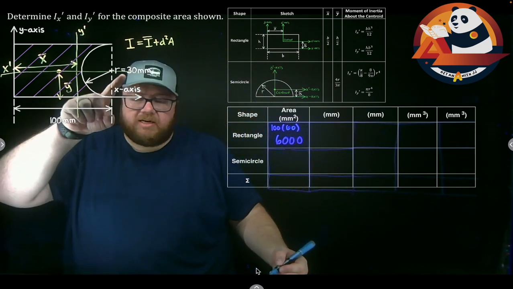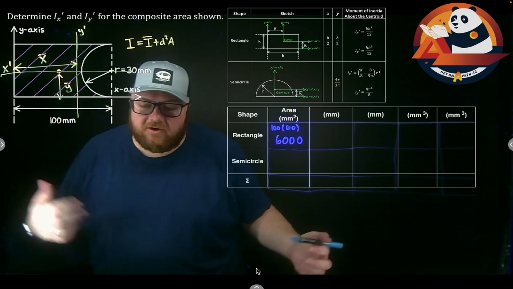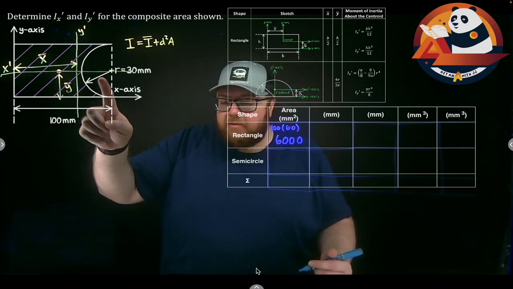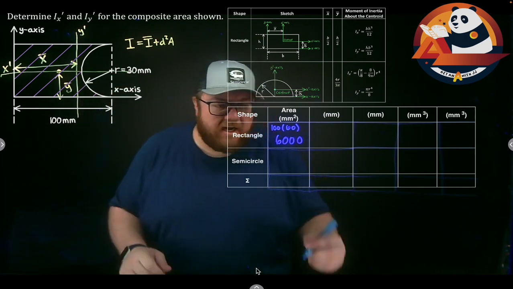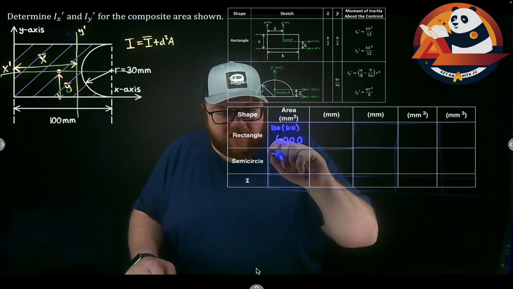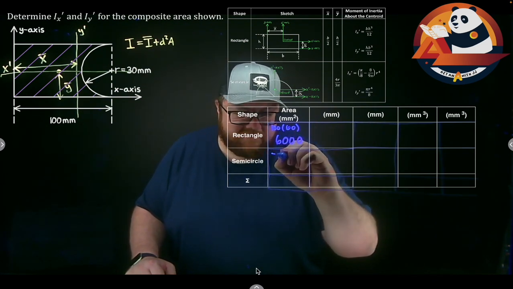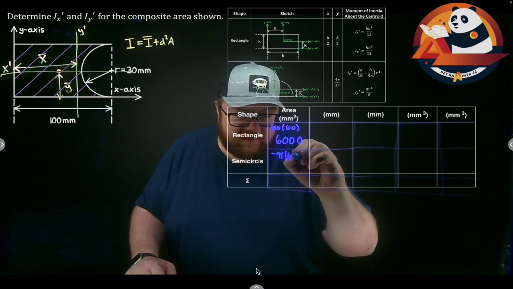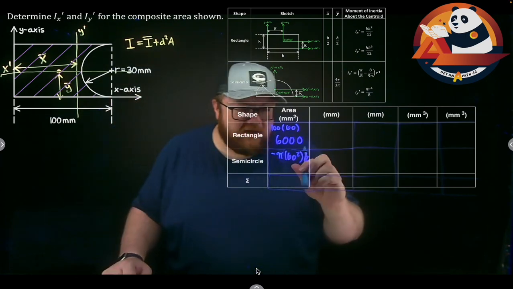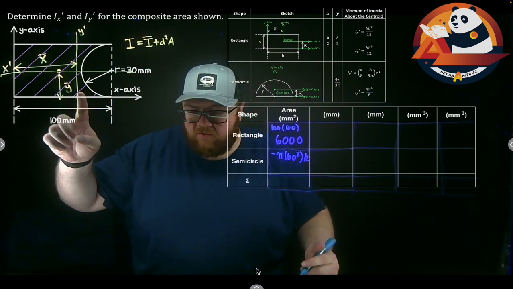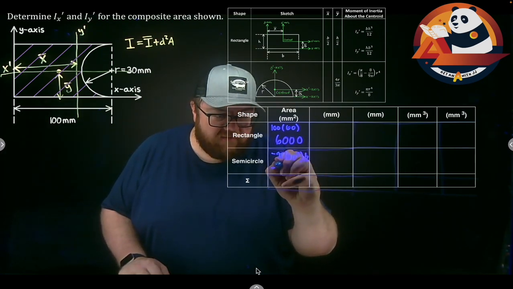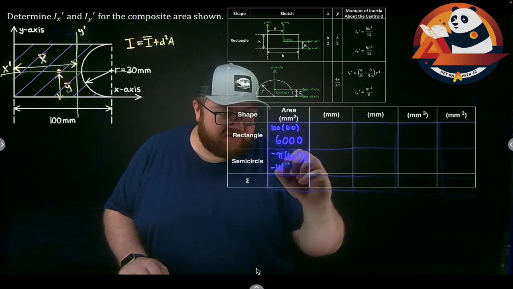For shape 2, our semicircle, the area of a full circle is pi r squared. So for half of that, a semicircle, pi r squared over 2. But remember, it's negative. This is a hole that's cut out of our shape. So we're going to do negative pi times 60 squared over 2, which gets me that my area is negative 1413.72.